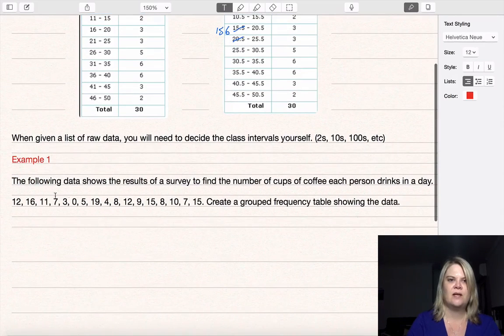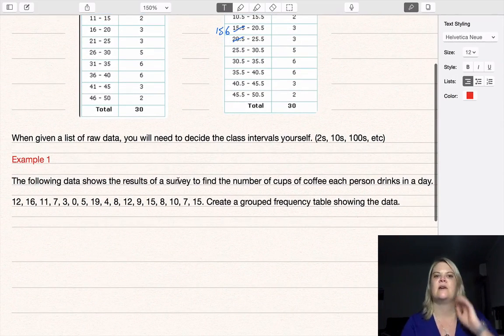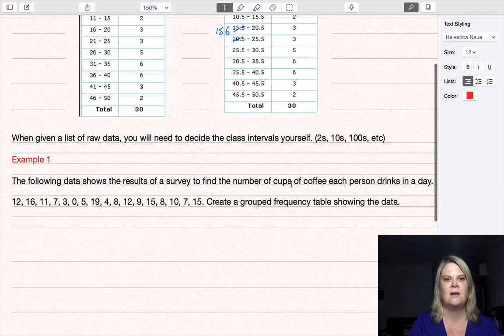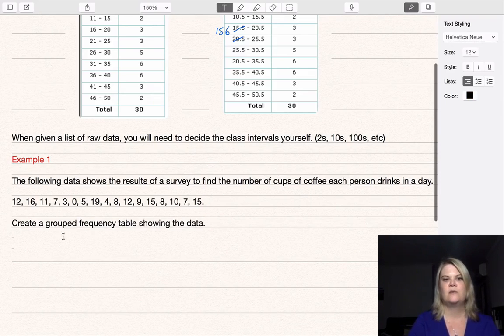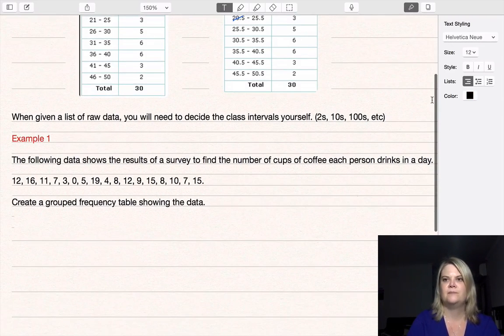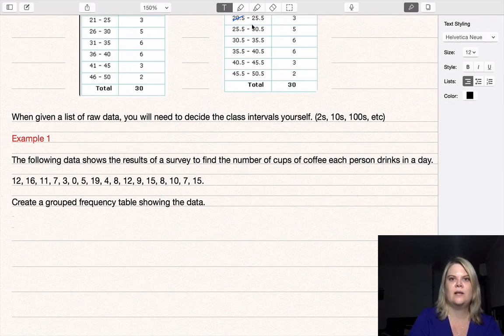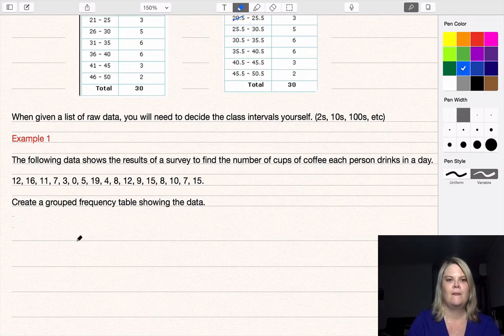First example we've got here, the following data shows the results of a survey to find the number of cups of coffee each person drinks in a day. Here is the data list, and the question says create a grouped frequency table showing the data. So the first thing we need to do is think about our class interval.